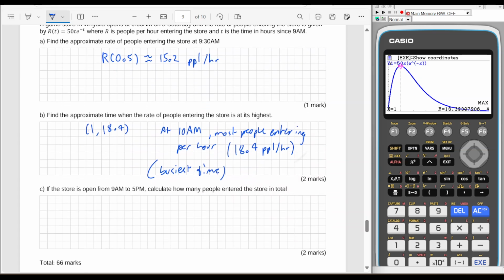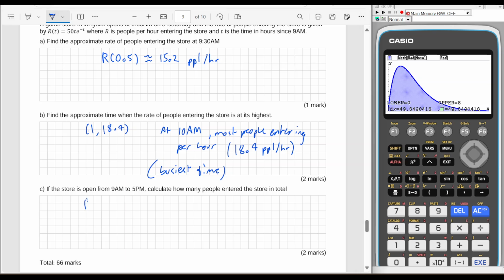If the store's open from 9 to 5, how many people entered? So that's just g-solve. You go across to integral. If you hit mixed, it'll give you an... Oh, it won't give you an error. That's nice. So we can just hit 0 to 8. Bam. 49.89. Or 49.8.